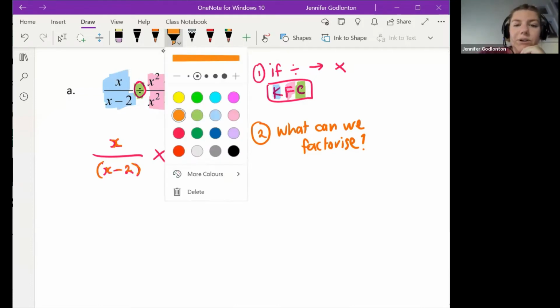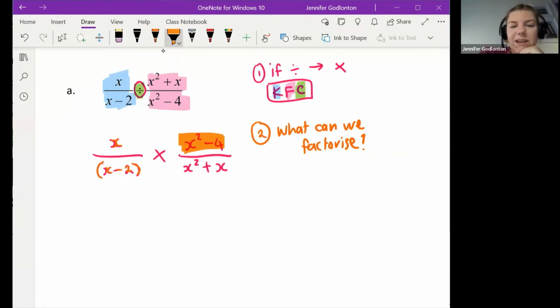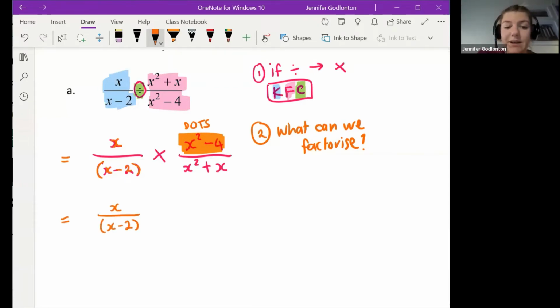But what could I do with x squared minus 4? I can definitely factorize it. Exactly, difference of 2 squares. Good job, guys. I'm going to keep my x over x minus 2 because there's nothing I can do, and then do difference of 2 squares up here, so I'm going to have x plus 2, x minus 2.